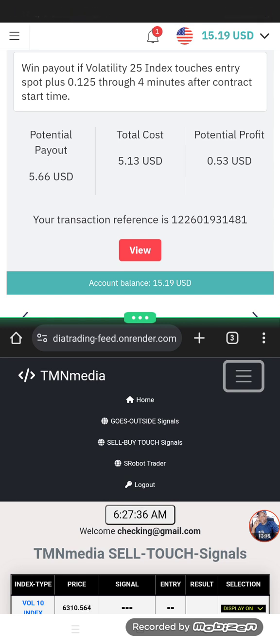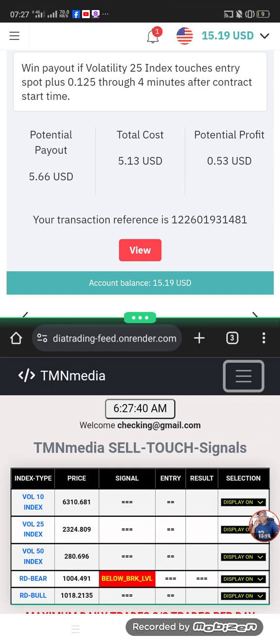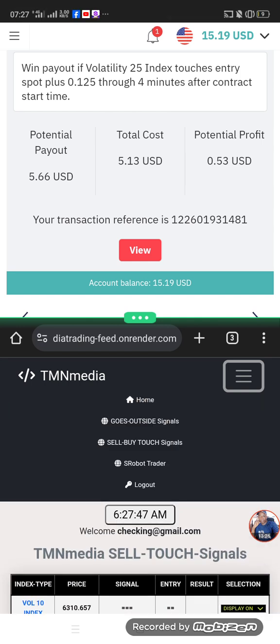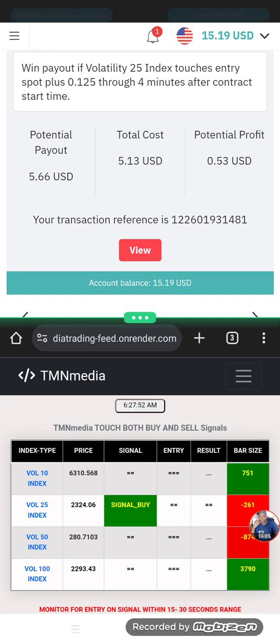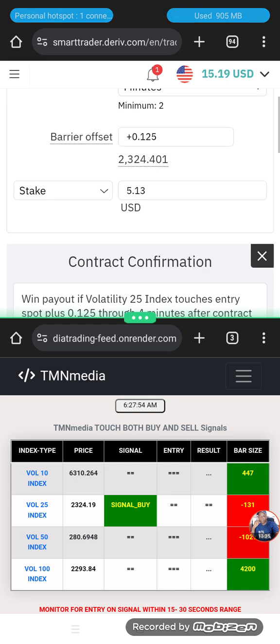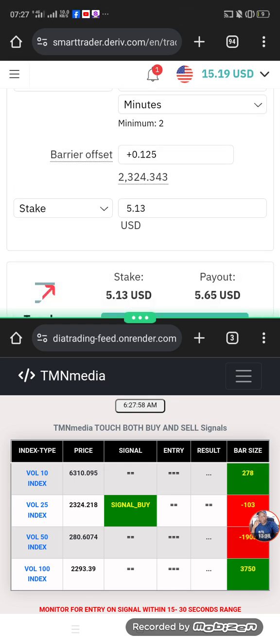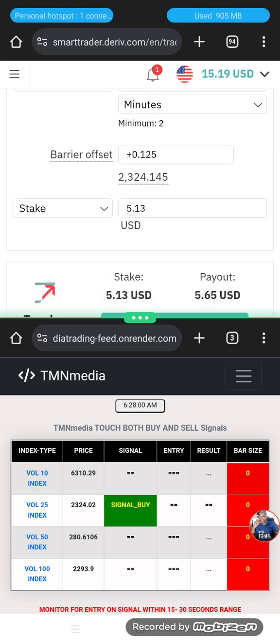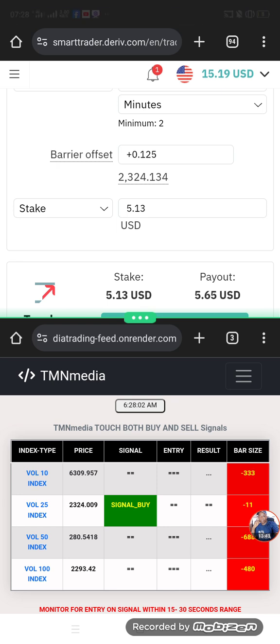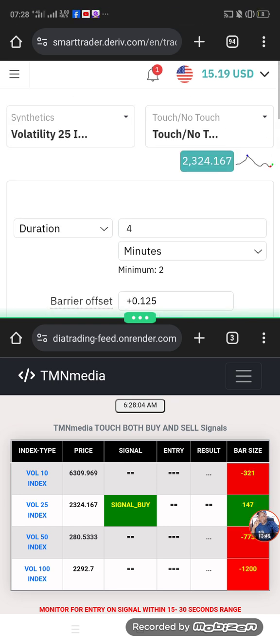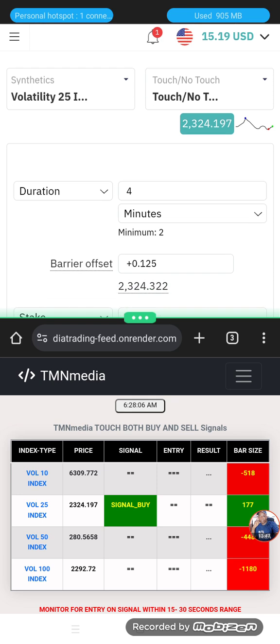Now, this same signal works well on bots, on robots, but it has not been working very well for bulk accounts. I guess most of the time, Deriv somehow does updates and the data feed is what they mess around with.